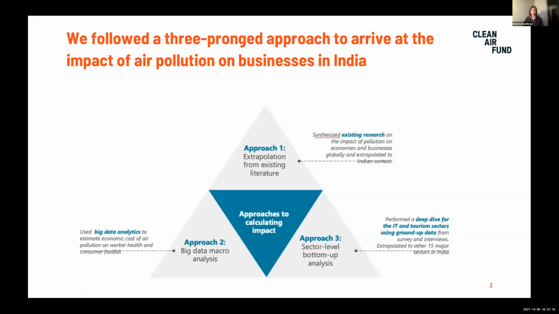We looked at big data macro analysis, just looking at how big data analytics could help us come at this estimation. And then we also deep dived into specific sectors through surveying businesses and consumers. And here we partnered up with businesses themselves to do this.